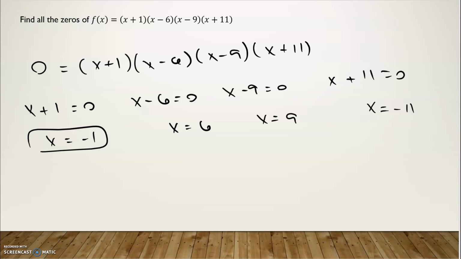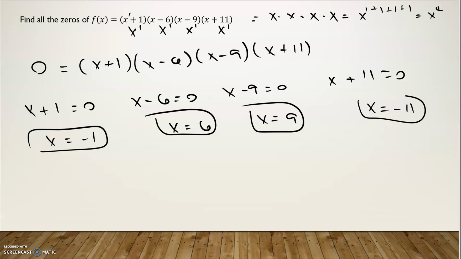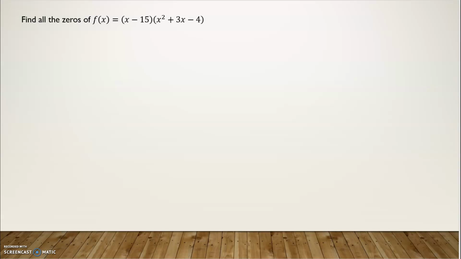So this one is x raised to 1, as well as this one, and this one, so x times itself 4 times. 1 plus 1 plus 1 plus 1 is 4. And hey, I have 4 roots there, or zeros.